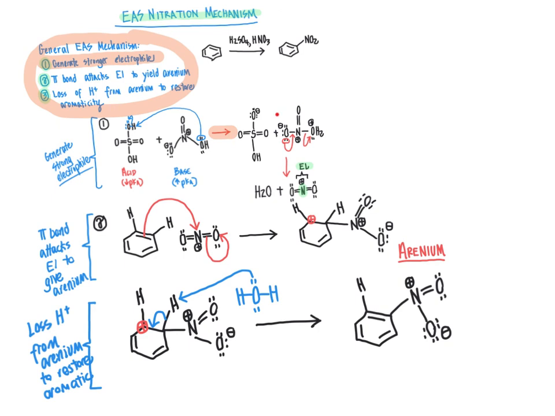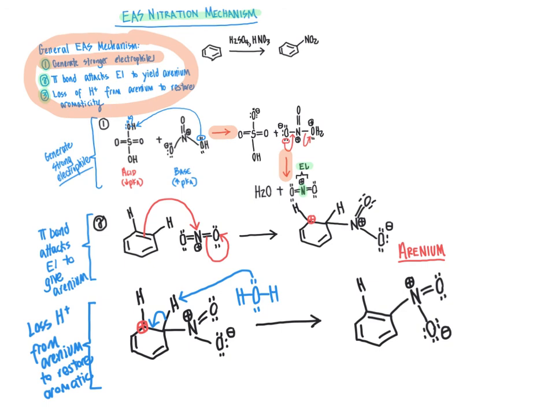And then very quickly, this intermediate that formed of H2NO3+ lost water because water is a very favorable leaving group, and that resulted in the formation of this NO2+ as a very good electrophile for the rest of the reaction. So our process of generating a stronger electrophile was in and of itself a two-step process here. So we could think of this as a two-step mechanism for creating a stronger electrophile.